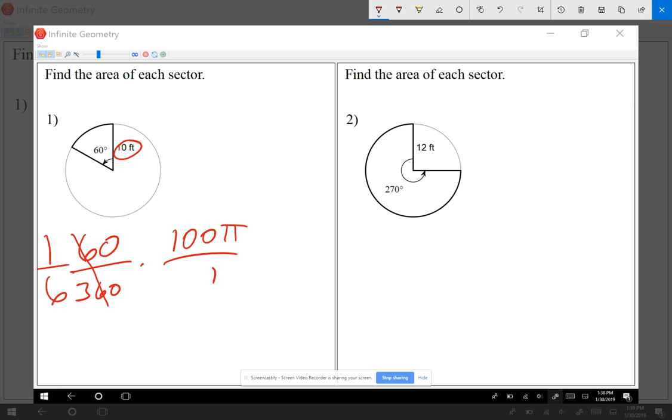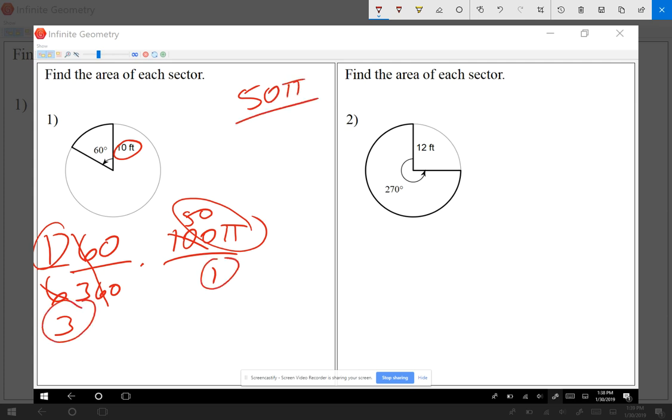Diagonal, the 6 and the 100, I can divide them by 2. So this is 3, this is 50. So on the top, I have 1 times 50 pi. At the bottom, I have 3 times 1. And you know you're simplified if 50 over 3 cannot be simplified, right? The way I will type this is 50 pi over 3. No spaces when you type it in.